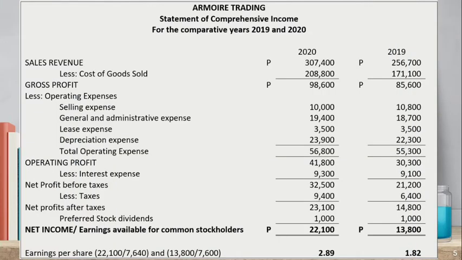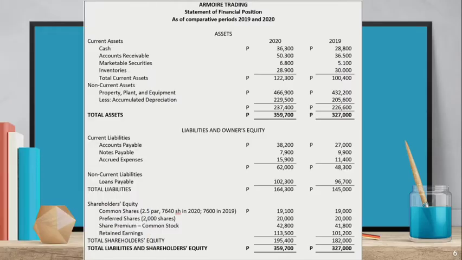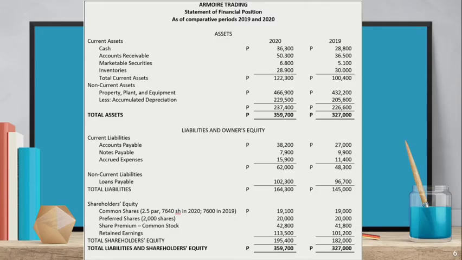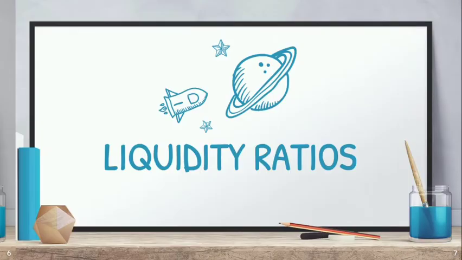Like I said, we will use an income statement and balance sheet. Here we have the income statement of Armor Trading for 2019 and 2020. Then we have the balance sheet also of Armor Trading for 2019 and 2020. So these two financial statements are our reference for our examples later on.